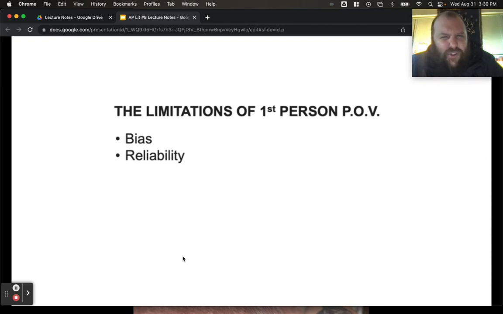Question like, are you sure it happened that way? Or do you feel this way because this character wronged you in the past? Or we start to question a first person narrator's reliability, right? And so bias and reliability can be problematic.